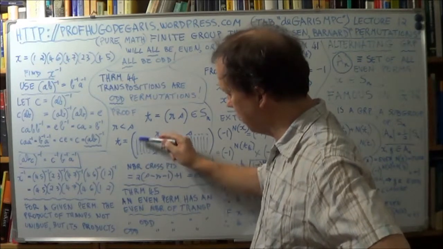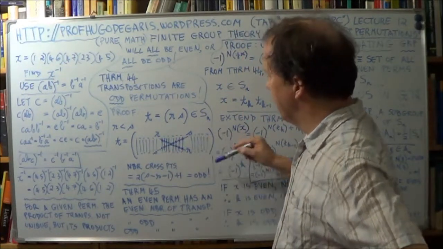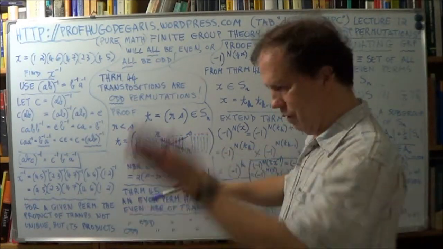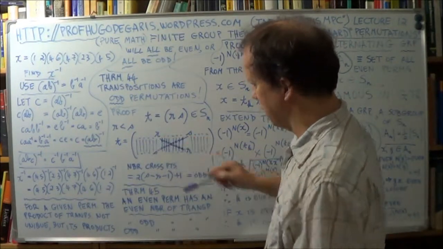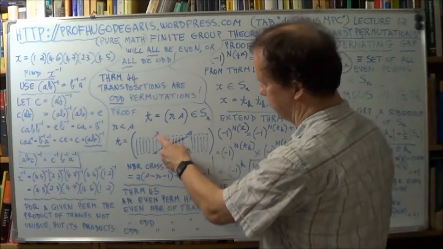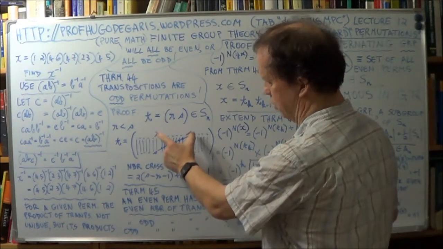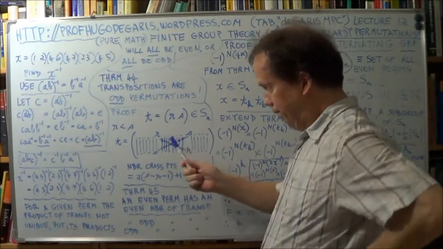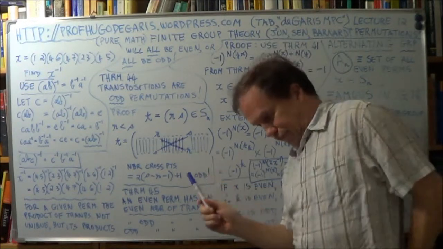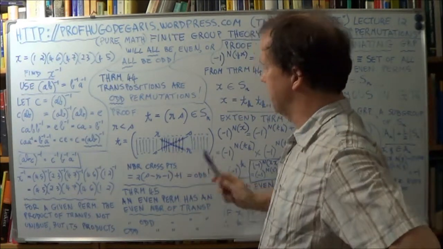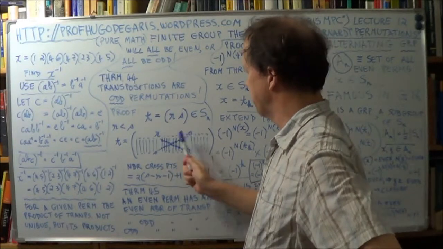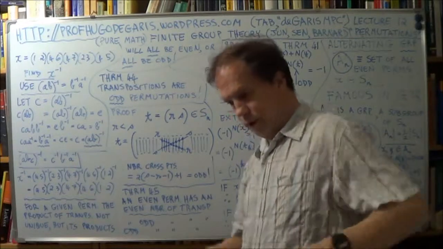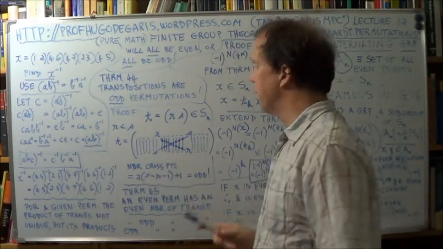So you go 1 to 1, 2 to 2, whatever. Now for a transposition, nearly all of them will just be vertical lines. No change, with the exception of these two objects that get swapped, right? That's the general case for a transposition, you're just swapping two of the objects in your set.